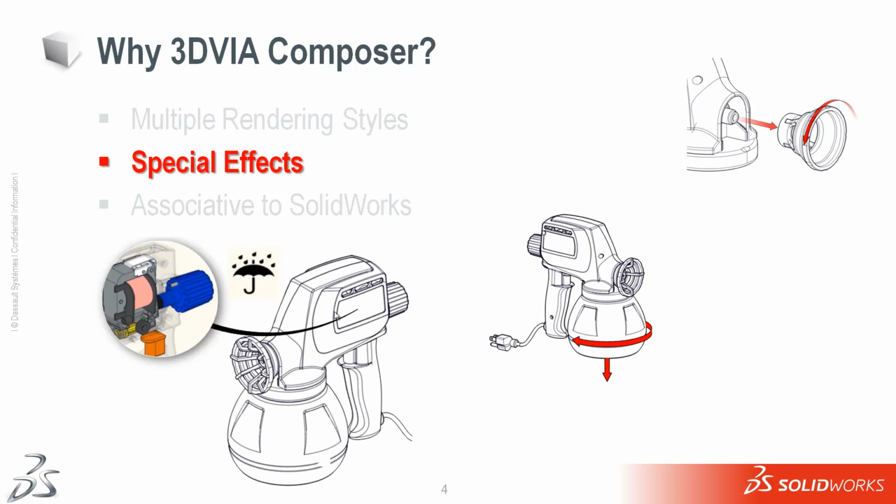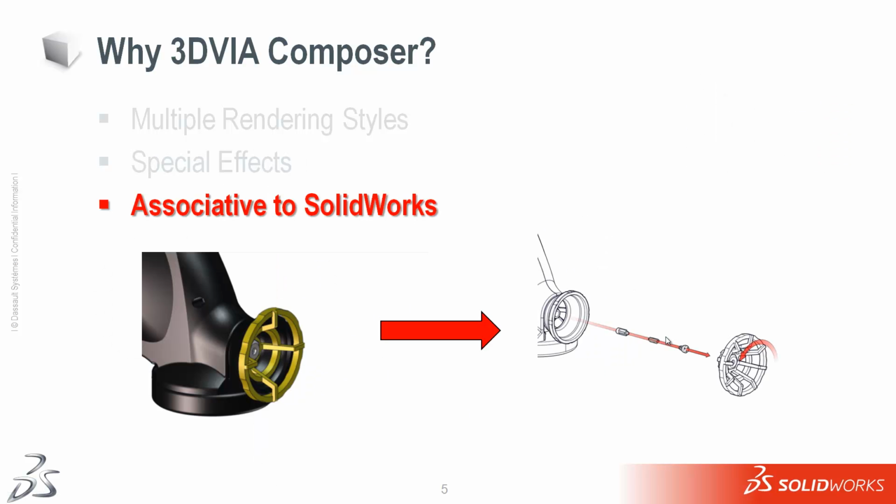Second, the special effects graphics of 3D via Composer allow us to create a very polished and professional looking graphic that we can't create in SOLIDWORKS without doing some secondary editing. Finally, and probably the most compelling reason that 3D via Composer is superior for technical communications, is the associativity to the solid model. Anytime the SOLIDWORKS model changes, those changes easily propagate to all of our technical illustrations when using 3D via Composer.